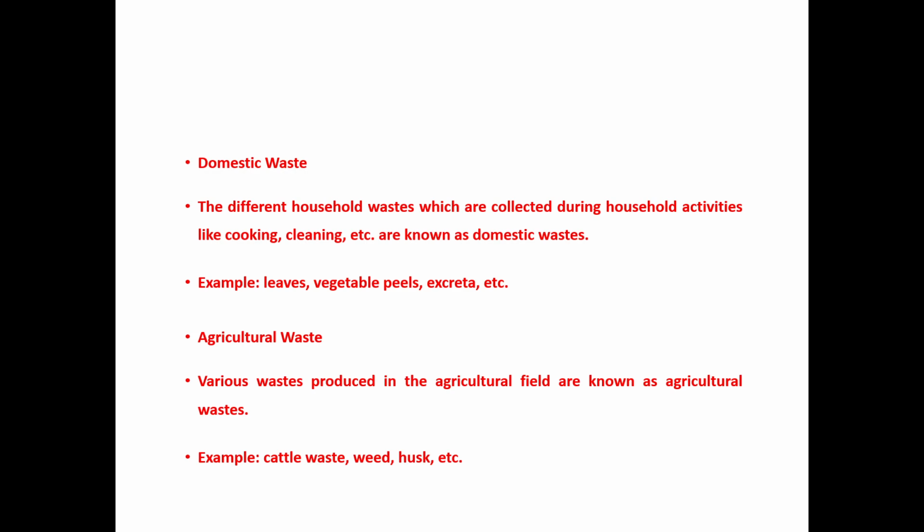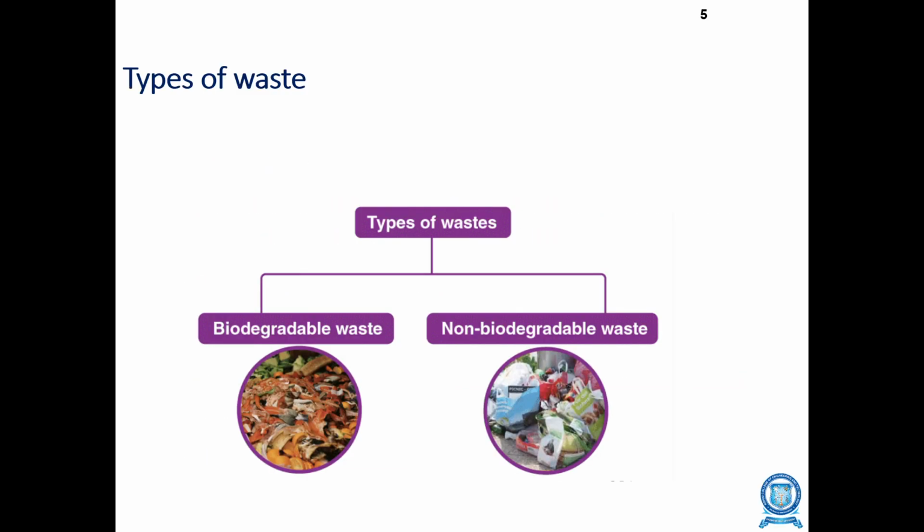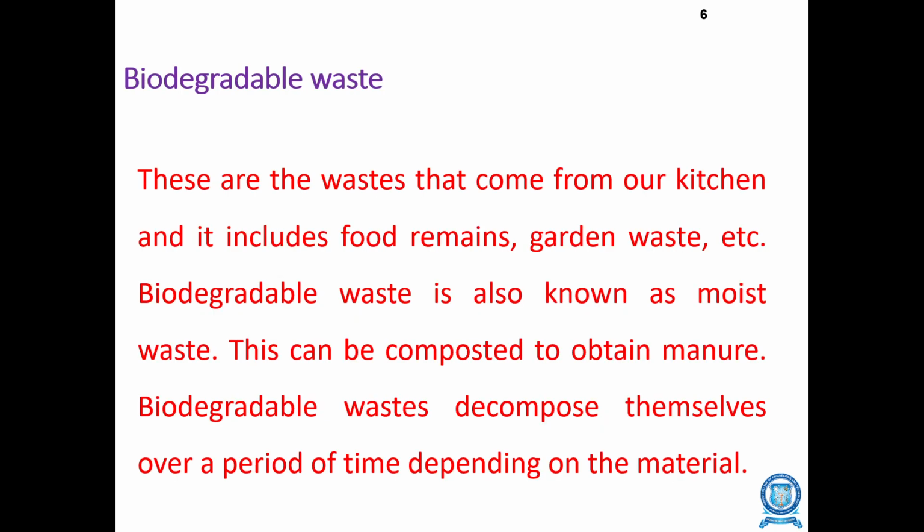Agricultural waste is the various wastes produced from the agricultural field, such as cattle waste, wheat husk, and everything. So that is called agricultural waste. Normally we divide waste into biodegradable and non-biodegradable waste. Biodegradable waste, such as garden waste, we call moist waste. These can be composted to obtain manure, so it is very important.